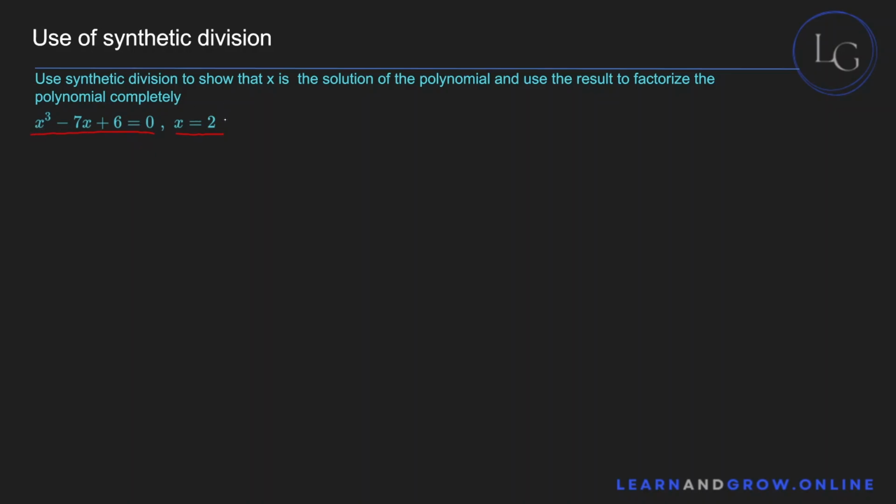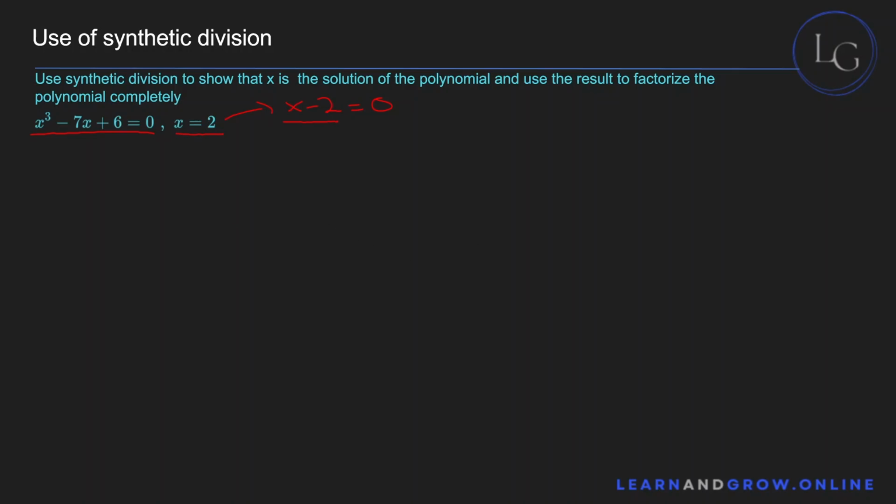So this x is equal to 2 can be written down as x minus 2 is equal to 0. So basically what we need to prove is that this x minus 2 is a factor of this cubic equation. So basically this x minus 2 will be multiplied with a certain quadratic expression.